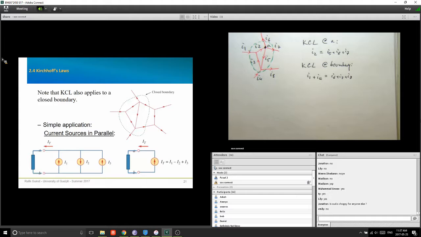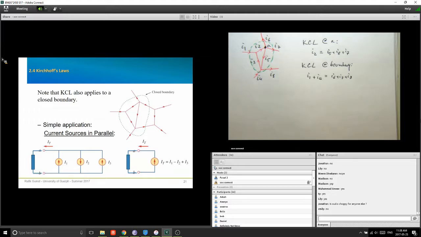Now, simple application. We're going to see some simple applications of KCL, and it's going to give us some insight into some other elements as well. So for example, you have that drawing where you have those three current sources, I1, I2, and I3, and I have a current called IT, I total. Now, I total is the current that is going to be seen by that blue element.